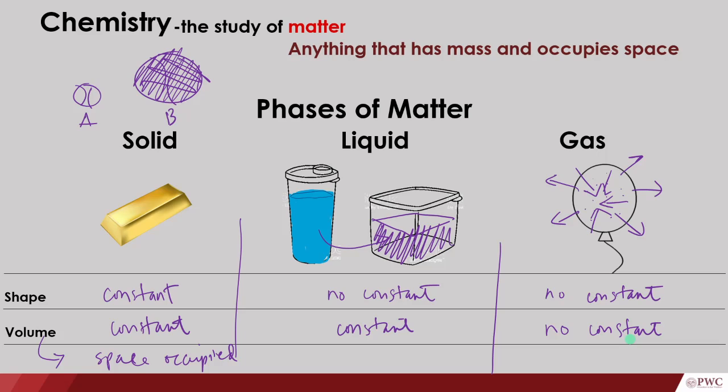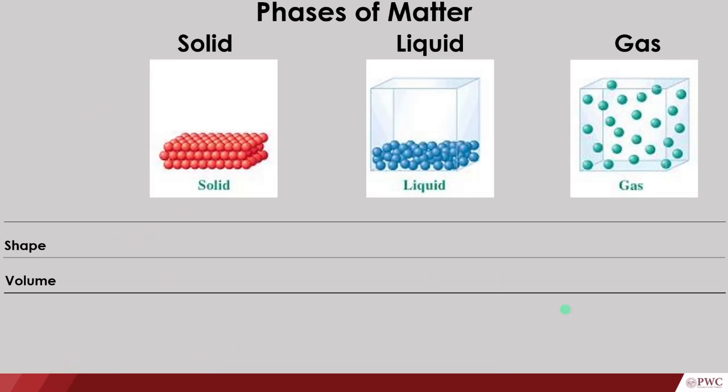Now, in chemistry, we would like to ask why. So, why are solids like this and why are gases like this? In chemistry, we like to explain things using the particle model. So, here are the particles of solids, liquids, and gases. Let's try to complete this first. For solid, their shape is constant.